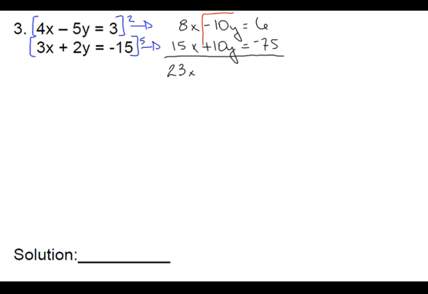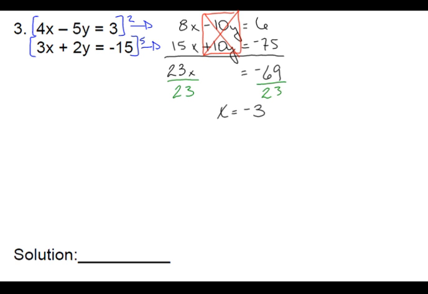My y variable is negative 10 and positive 10, which adds to 0. A positive 6 and negative 75 is a negative 69. I now divide both sides by 23. X is equal to negative 3.